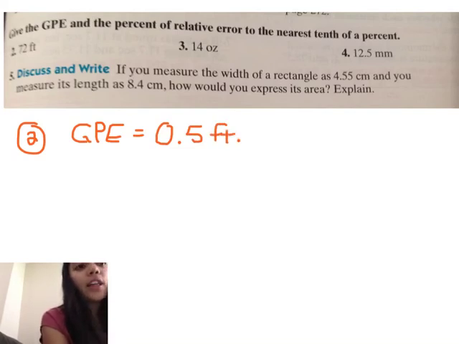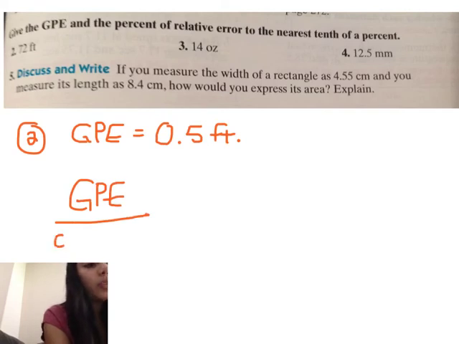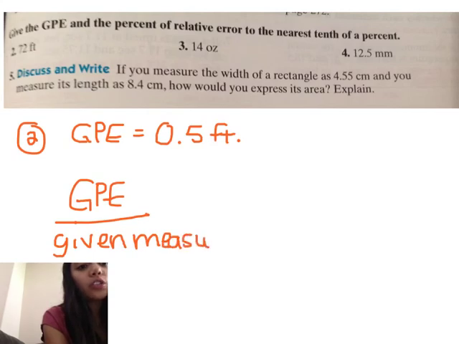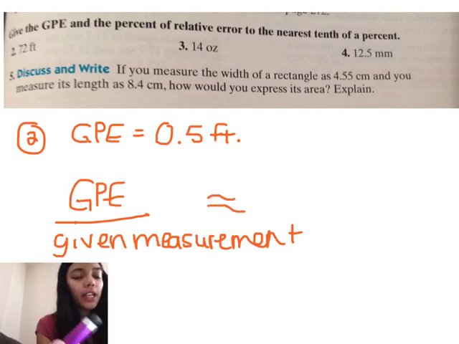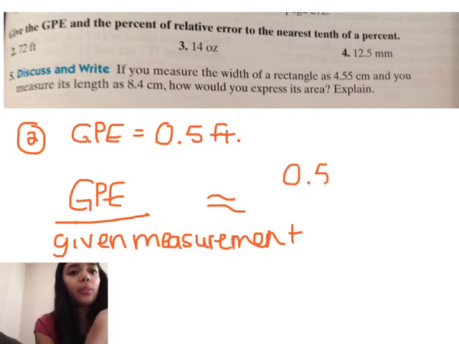So now I need to find the percent of relative error. To find the relative error, I have to do GPE divided by given measurement. And then whatever I get there, I need to change it into a percentage. So my GPE is 1/2 foot. My given measurement is 72 feet.